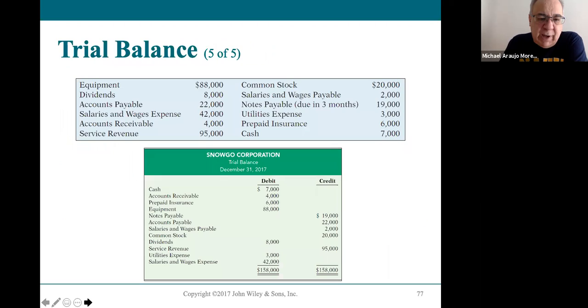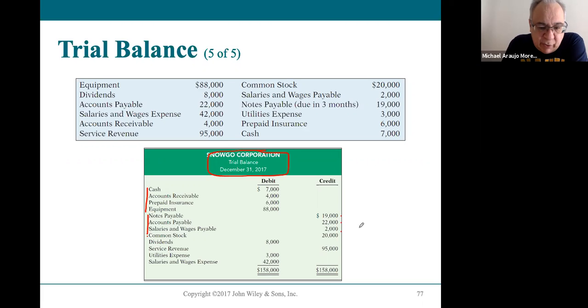So when you actually look at the trial balance for SnowGo, this is how it would look. Your assets would be listed first, and of course assets have debit balances, so they are going to clump up here, all debit balances. Then you have your liabilities listed next. All liabilities have credit balances, so they'd be in the credit column.